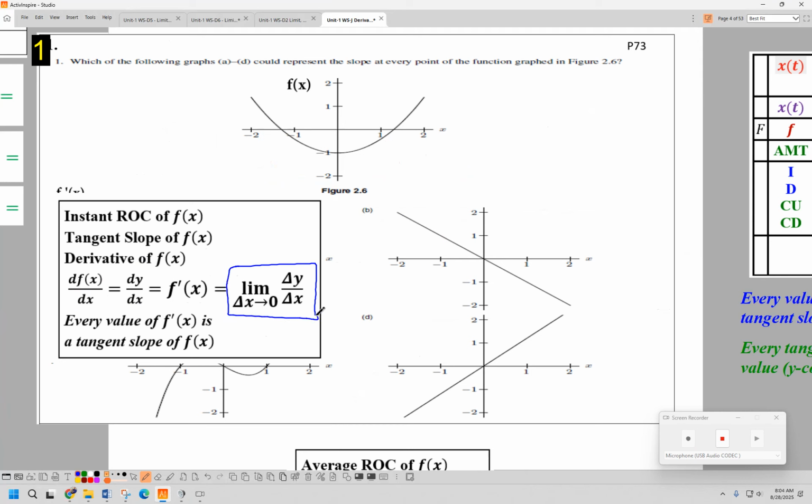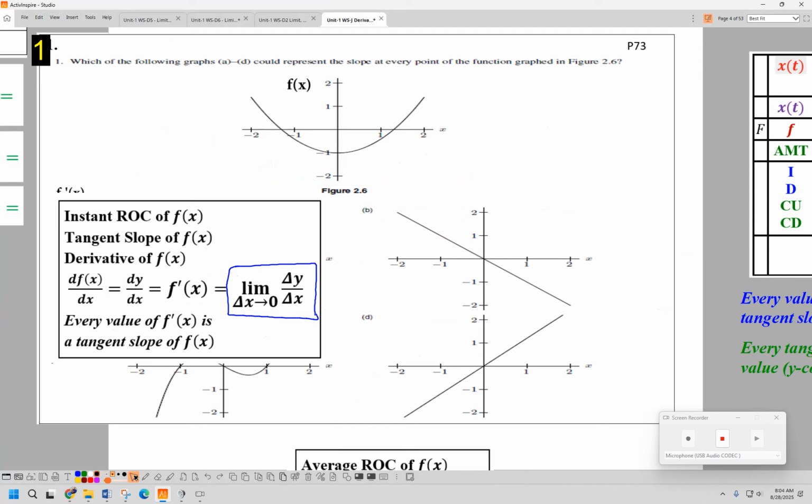So in 7th or 8th grade, you started learning about what's known as average rate of change.